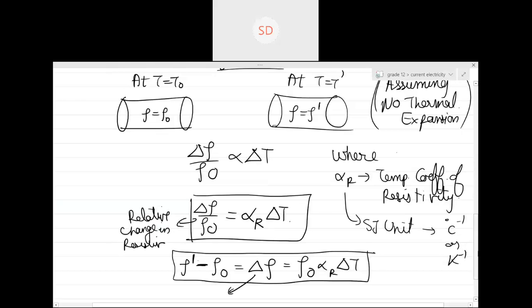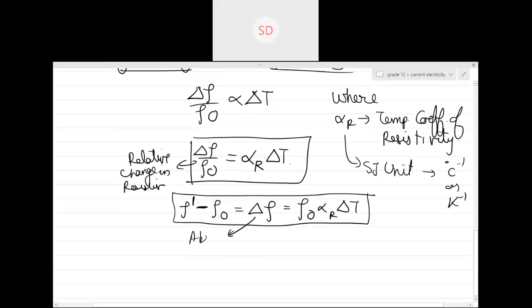This is the absolute change in resistivity. And what about the last one? The new resistivity rho dash is equal to, I can move rho naught to the right hand side, take rho naught common, rho naught into 1 plus alpha r delta T.